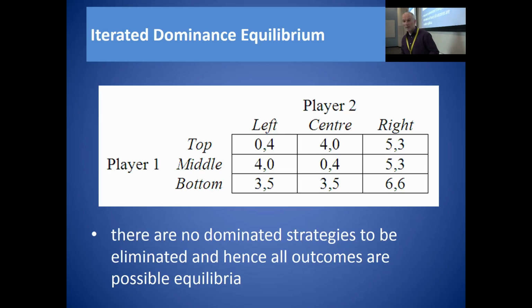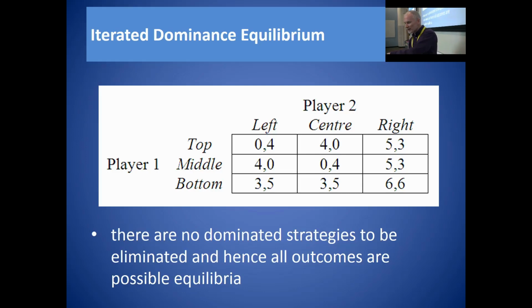You've got to identify a dominated strategy. Then you remove it. And then we iteratively move through until we arrive at our unique outcome. Well, this abstract game says, you have two players. Player 1 and player 2. Player 1 choosing over top, middle and bottom. Player 2 choosing over left, centre and right.